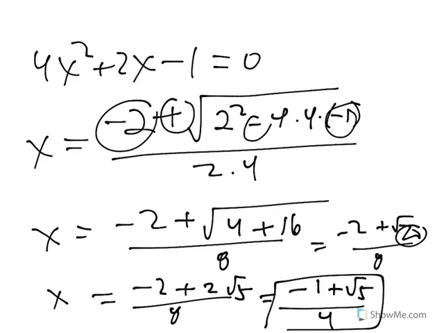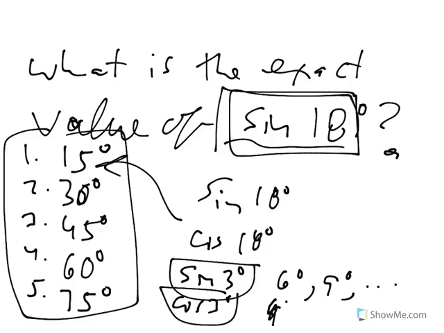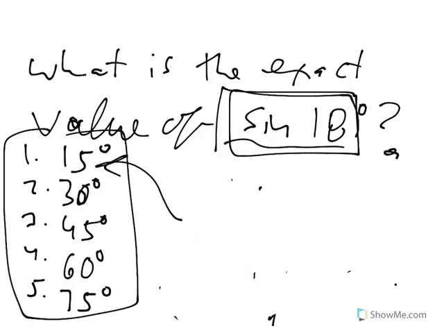Minus 1 plus root 5 over 4 in the calculator is about 0.3090. And that is the exact value of sine of 18 degrees. So the answer to the question in the beginning was negative 1 plus square root of 5 over 4.